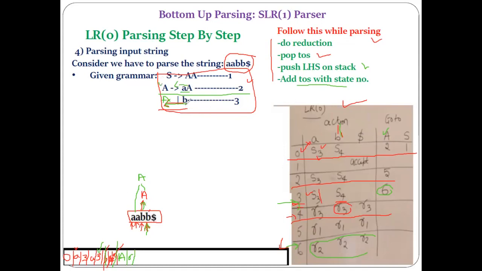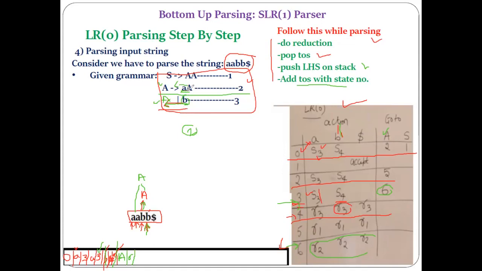Previously we reduced 1 symbol to 1 symbol, and that is the reason when you are doing the reduction, the first thing to keep in mind is that you have to pop the state number as well as the particular symbol related with that state. If one symbol of the RHS is reduced to the LHS, you have to pop 2 entries: the state number and the symbol.